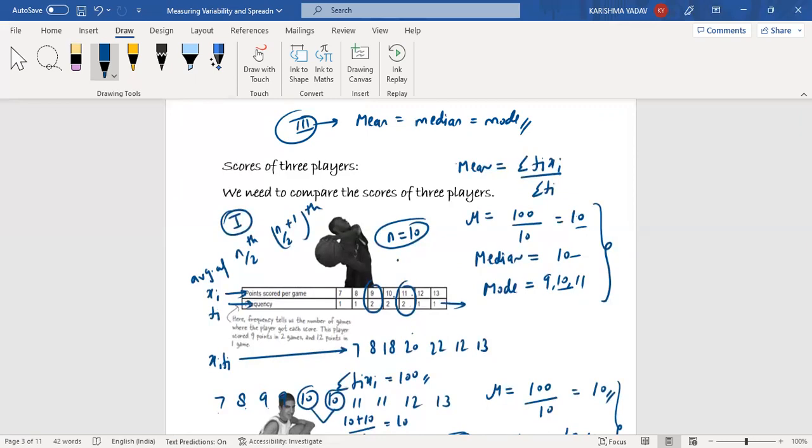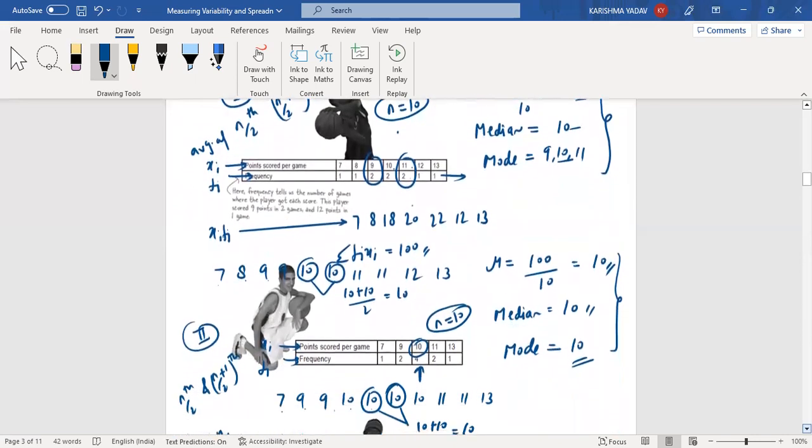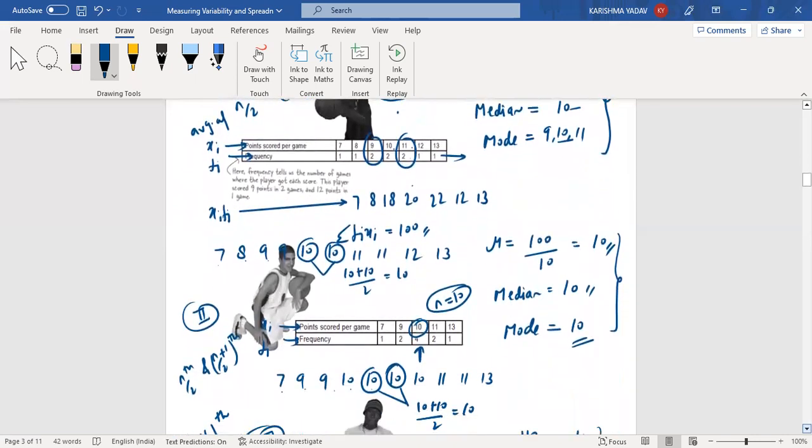Now look at the scores of these three players. By looking at the scores, we can see that the scores achieved by these three players have been achieved very differently. Like if you look at this one, he has scored 8 points in one game.